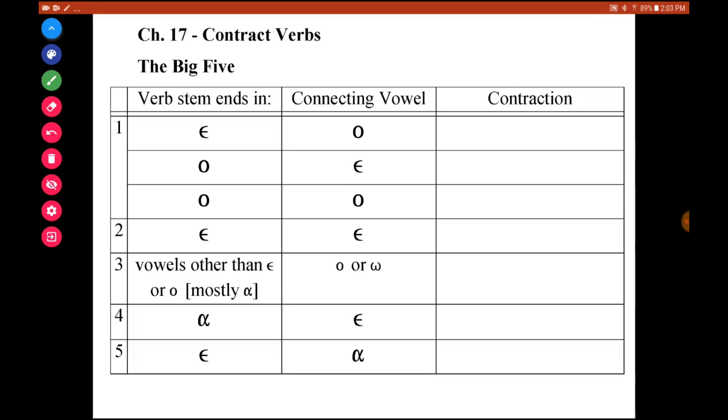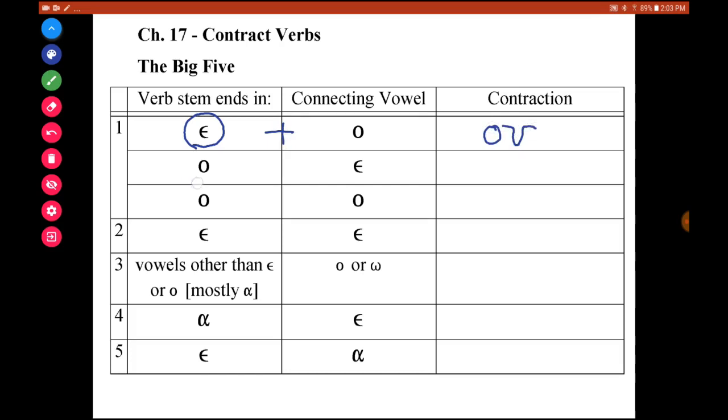The first rule is whenever you have a combination of an epsilon and omicron, or an omicron being combined with another omicron, you get the following contraction. If the stem ends in an epsilon and you combine it with a connecting vowel that begins with omicron, the contraction is the diphthong omicron upsilon.